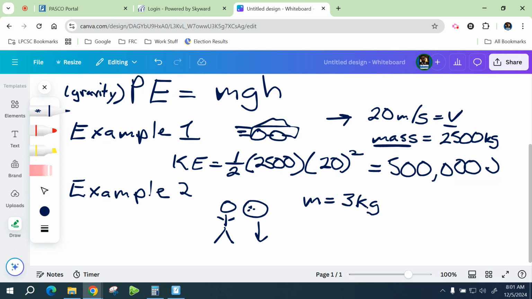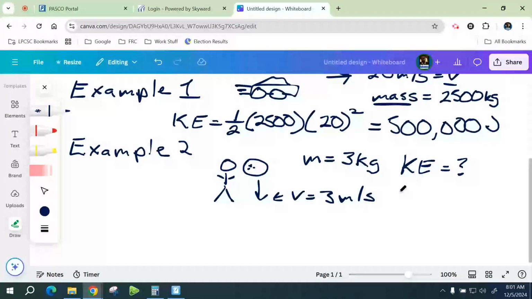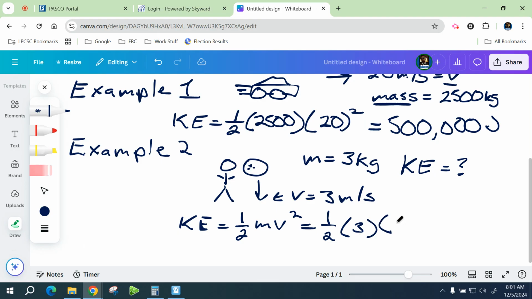And when it hits the ground at the bottom here, the final velocity is equal to 3 meters per second. What's the kinetic energy? Again, to find the kinetic energy of something, you're just going to multiply 1/2 times the mass times the velocity squared, or 1/2 times the mass, in this case I just put 3, times the velocity, which is 3 squared.